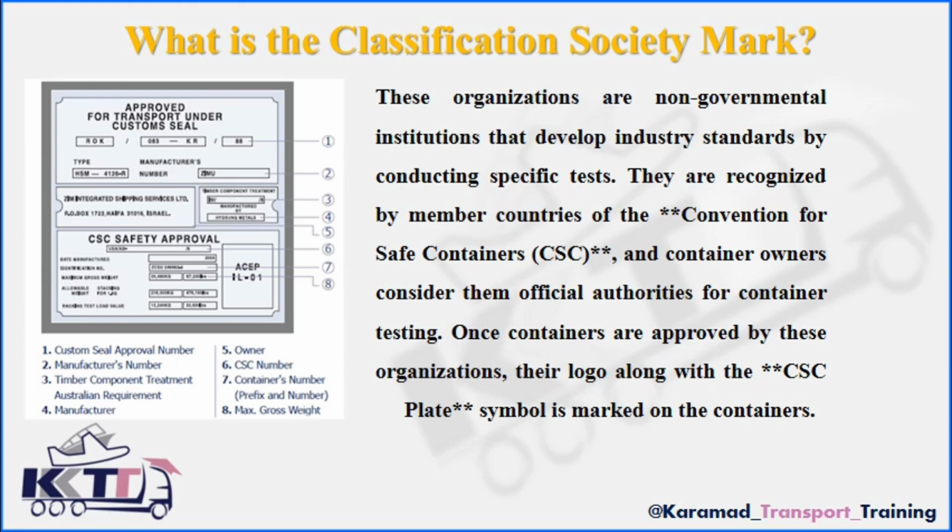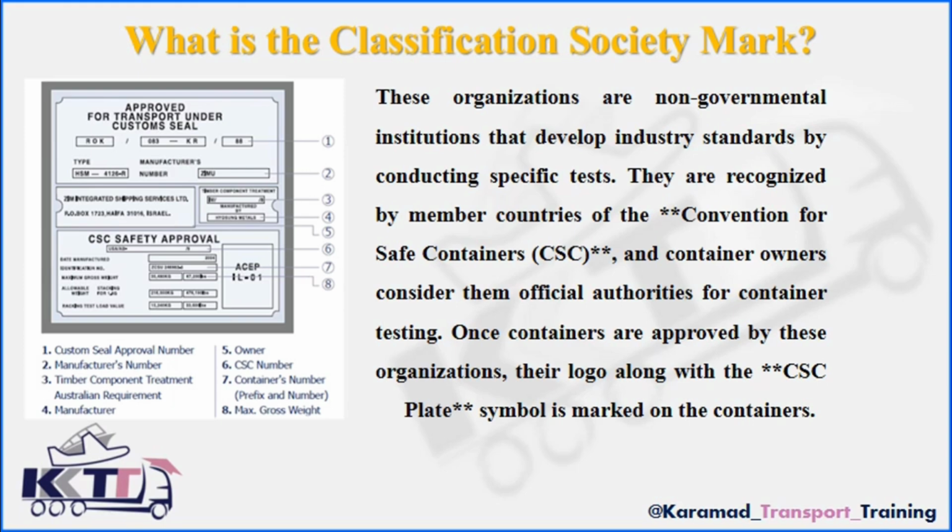And once a container successfully passes all of these rigorous tests and fully meets the required criteria for being officially standardized, this organization then issues a distinctive logo along with the official CSC plate symbol, which is affixed to the containers. This serves as proof that the container is a standardized one and has been thoroughly inspected and approved by the recognized Container Classification Organization.